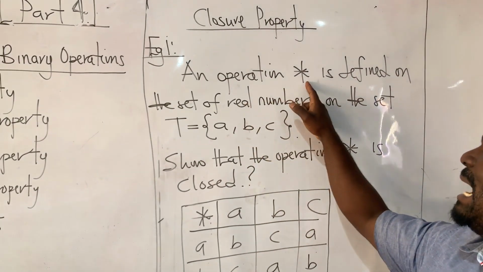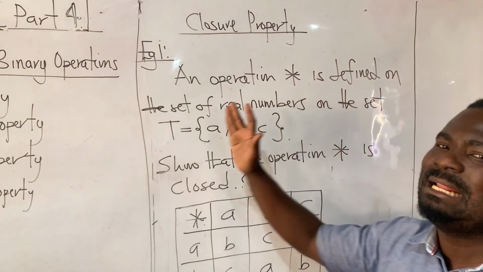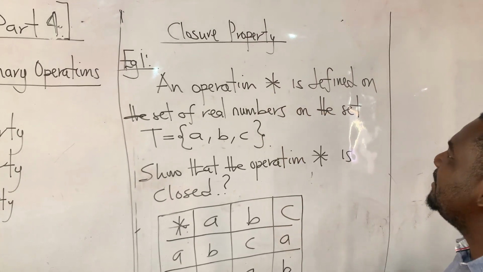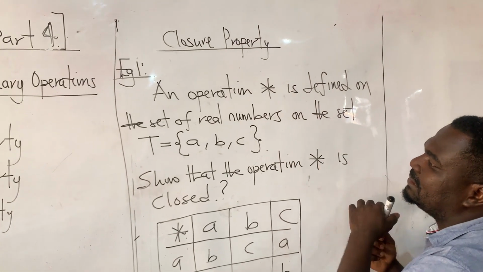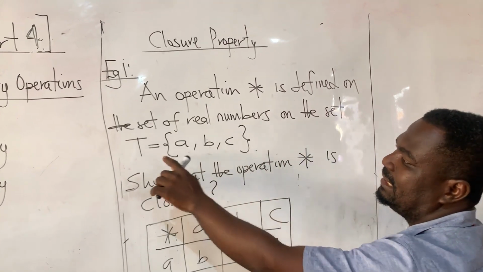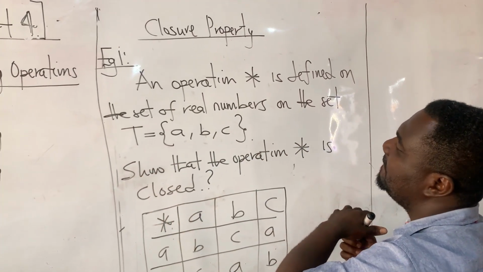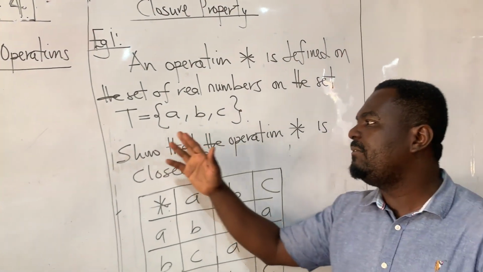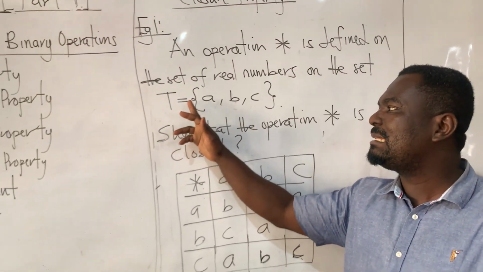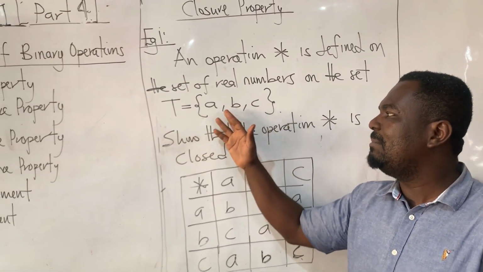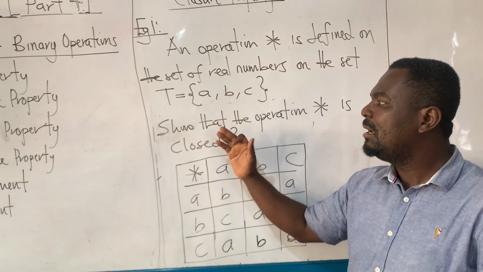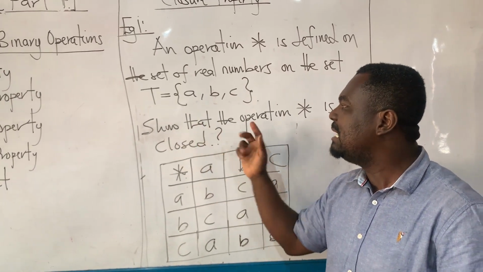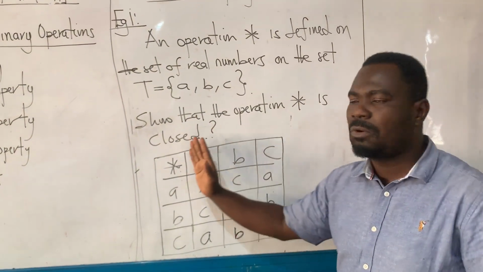An operation star is defined on the set of real numbers on the set T. So you are given a particular set, and the set has its possible elements as A, B, C, and you've been asked to show that the operation star is closed.